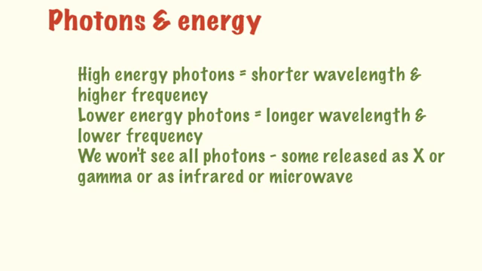So what does that mean in real terms? Well, if I have a large jump between my excited energy level and my normal or ground state, then I am going to release a large packet of energy. Now, large packets of energy correspond to very short wavelength, high-frequency electromagnetic waves.